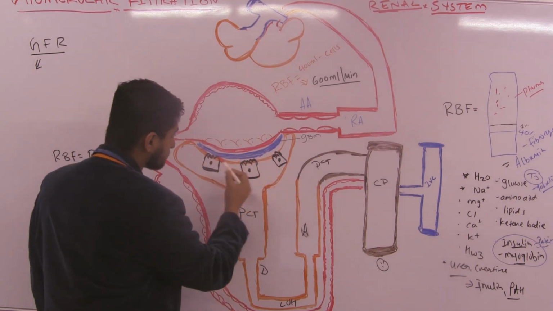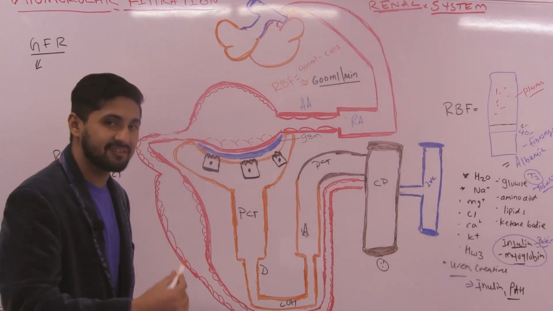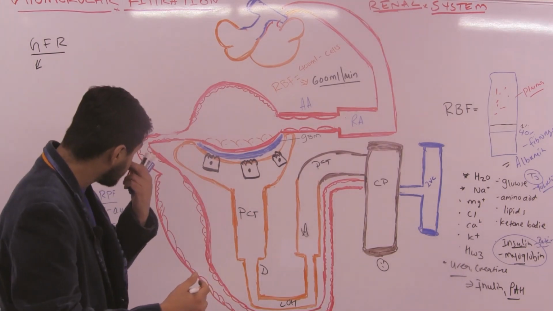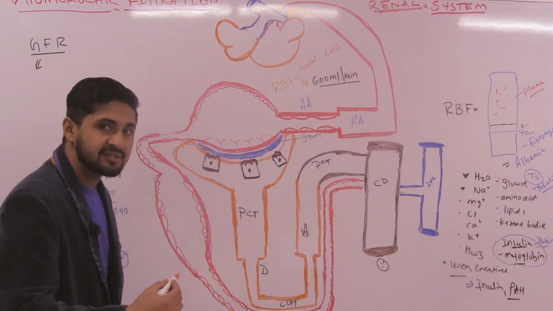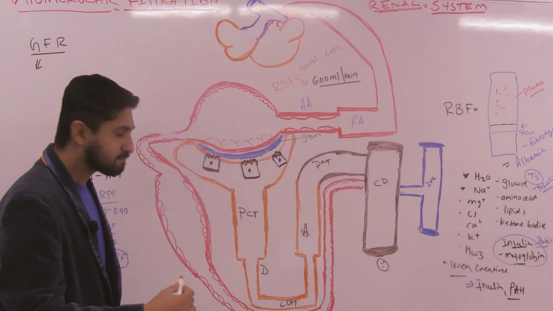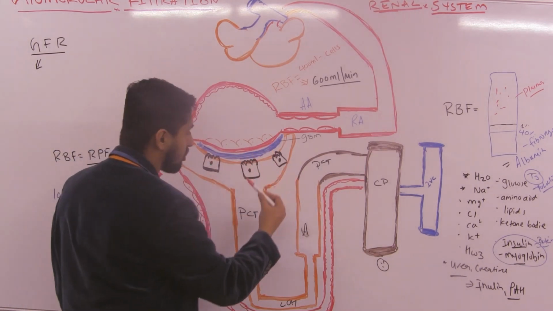And then they have the basement membrane. The glomerular basement membrane is heavily negatively charged, because it has heparan sulfates, collagen 4, laminin 11, fibronectins, all these sialoglycoproteins.